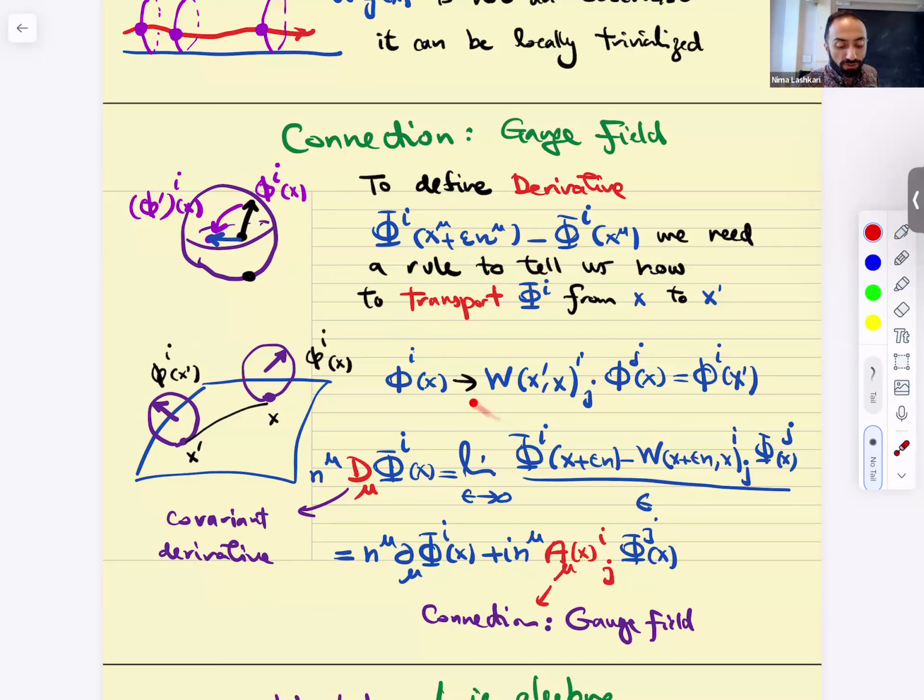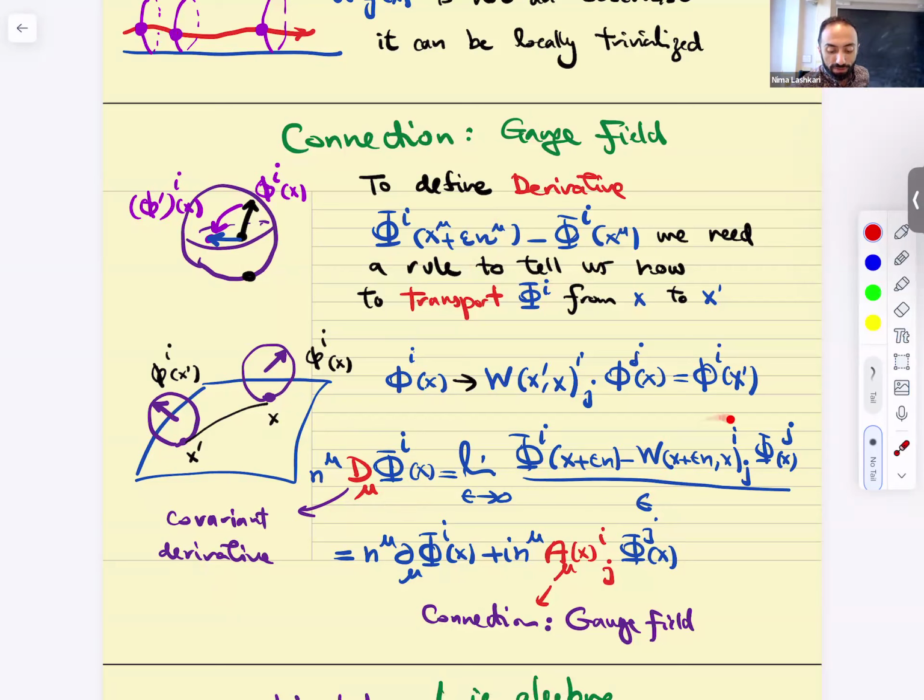The transportation rules are these Wilson lines. We define these, right? It's just some object that moves you from here to here. Now, when you take derivatives, you immediately realize that we define the covariant derivative, which, when you take the derivative, will depend on this W. So W is a function of two points, endpoint and initial point.